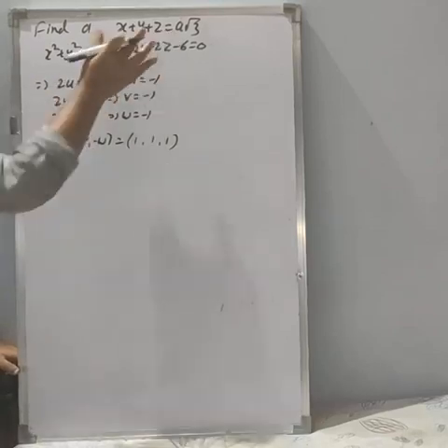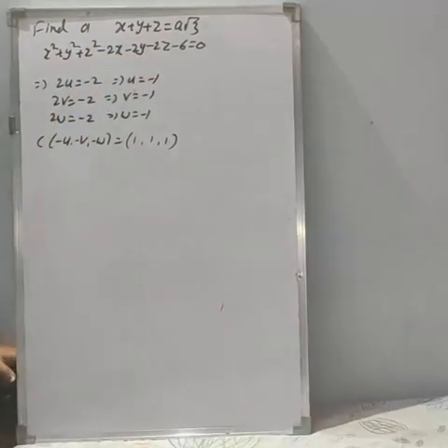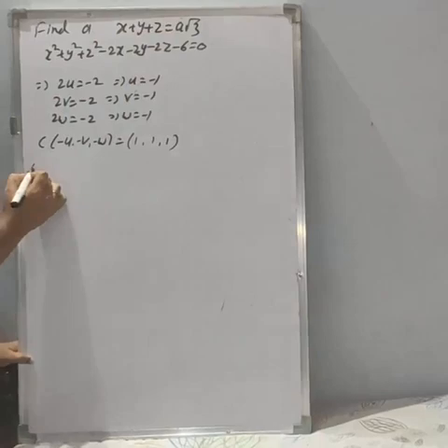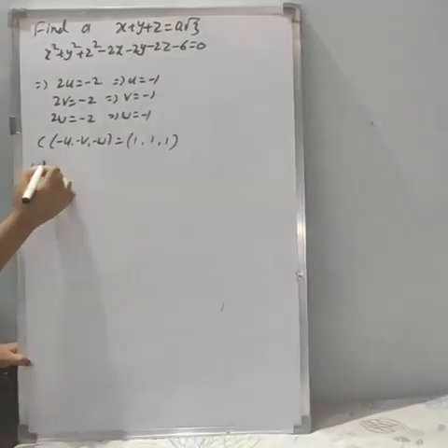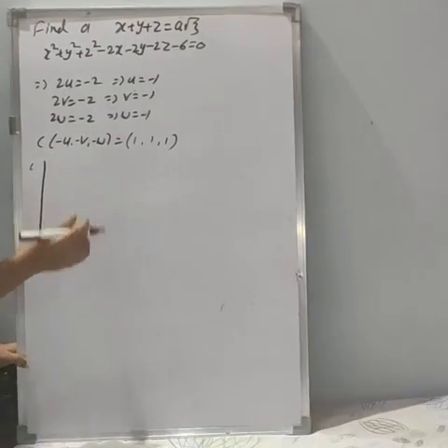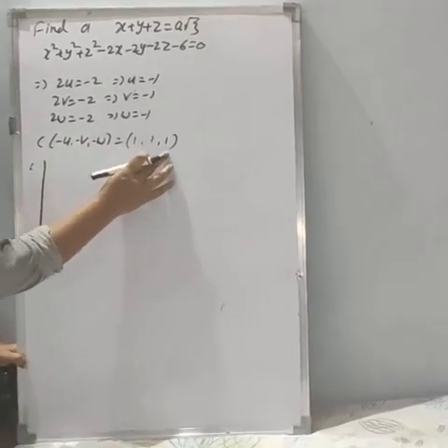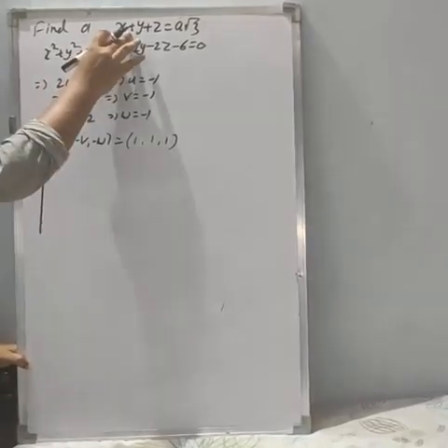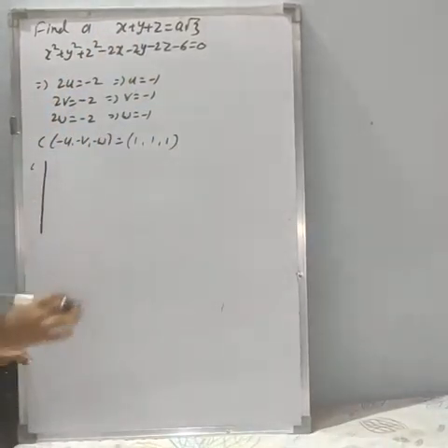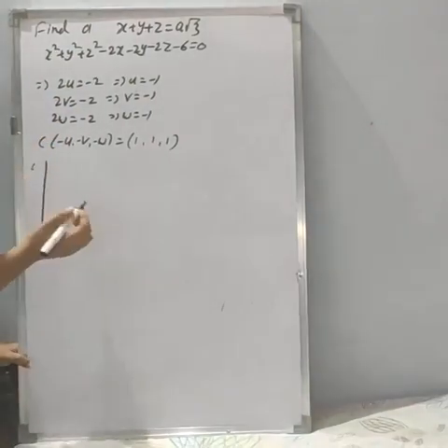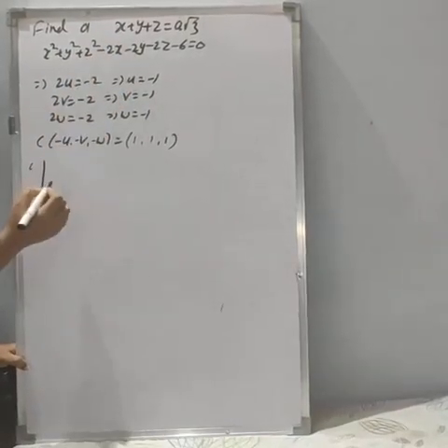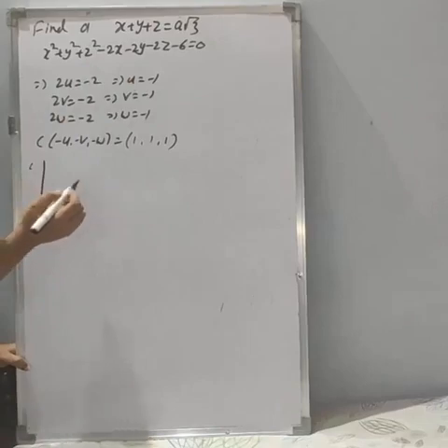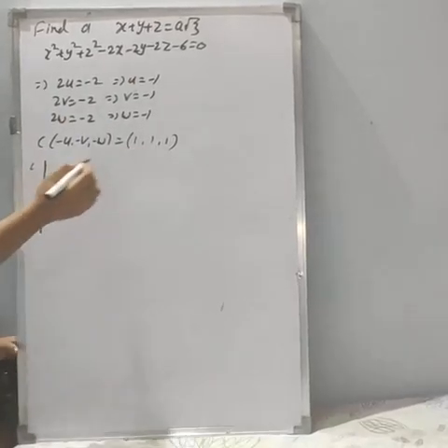Since the given equation of a plane touches the given equation of a sphere, therefore the length perpendicular from the center 1, 1, 1 to the given plane is equal to radius of the sphere. So how we will find the length perpendicular? Equation of a plane is x plus y plus z is equal to a root 3. So value of x, y, z is nothing but 1, 1, 1.